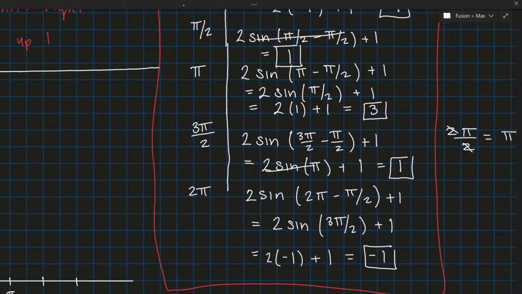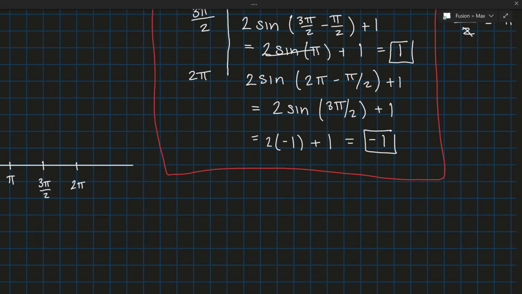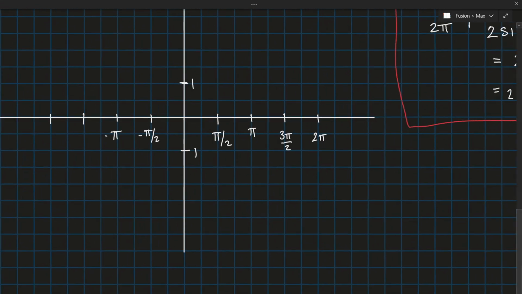So I started at 0, pi over 2, pi, 3 pi over 2, etc. That might not always be useful. And in fact, I think we'll see a case here where it's not. Because sometimes if you stretch it horizontally or shrink it horizontally, you're not going to get very much information by just going every pi over 2. You might have to go every pi over 4, something like that.